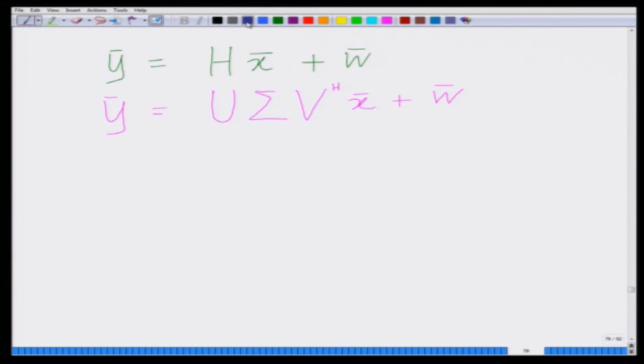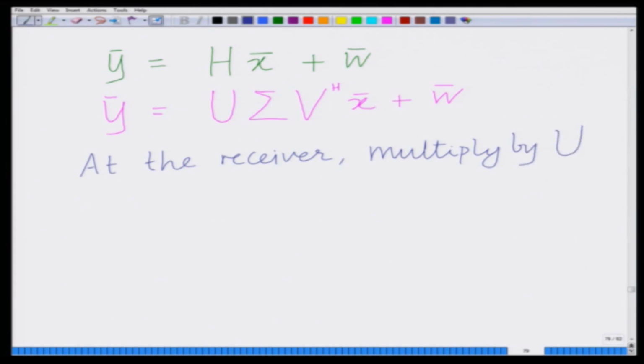Now, we employ receive processing. At the receiver, we multiply by U Hermitian, that is, U Hermitian y bar equals U Hermitian U sigma V Hermitian x bar plus W bar.